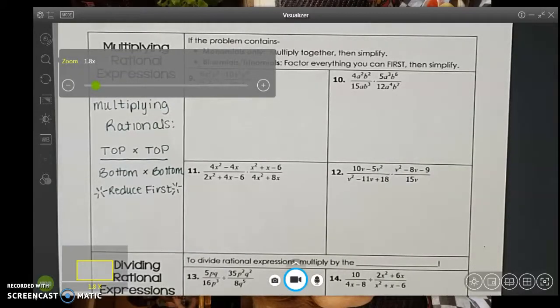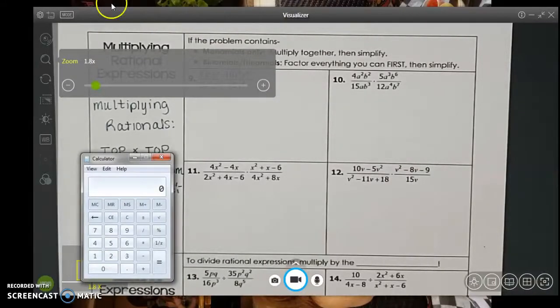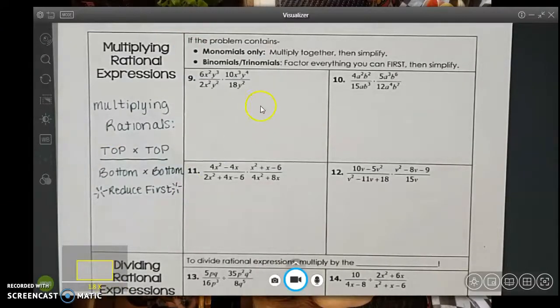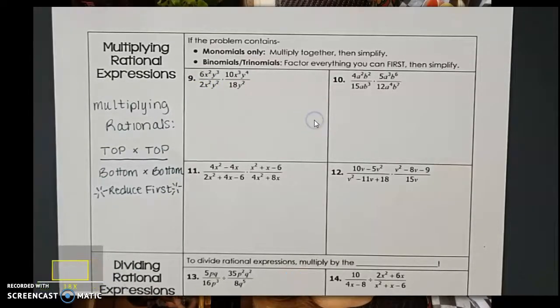That may be easier as far as the variables go, or you can reduce first and then multiply. I think when it's just monomials and there's no factoring involved, you can multiply first, then reduce.